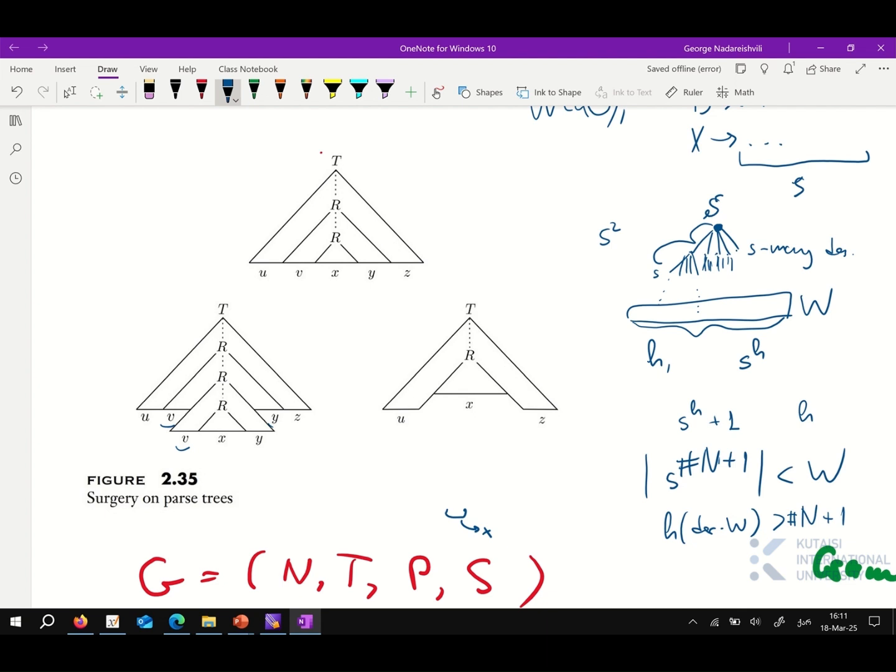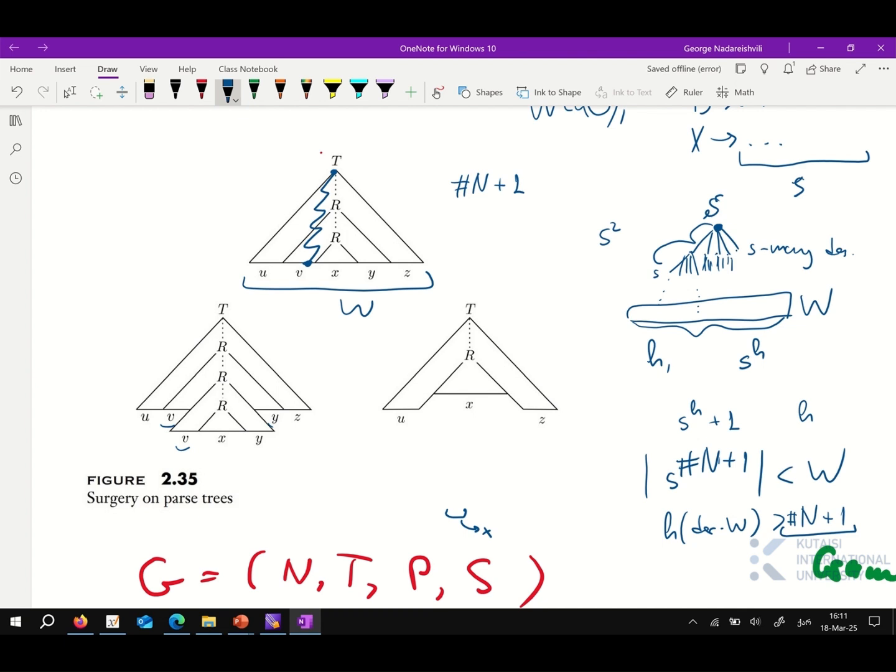Now I look at the longest path. So this is the derivation tree of my w, and I know the height is bigger than this. That means if I look at the longest possible path here, it will have length hashtag N plus 1.